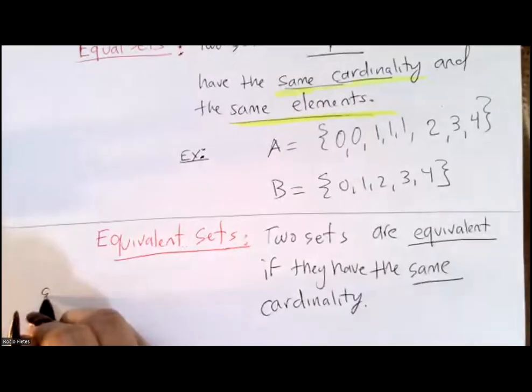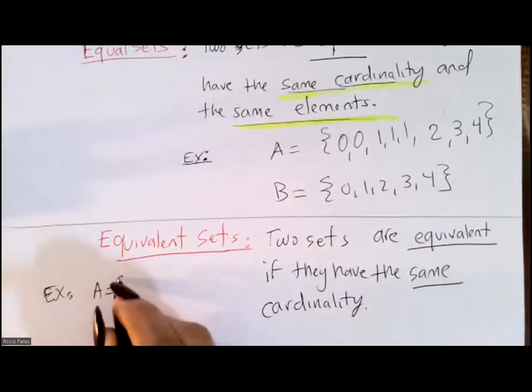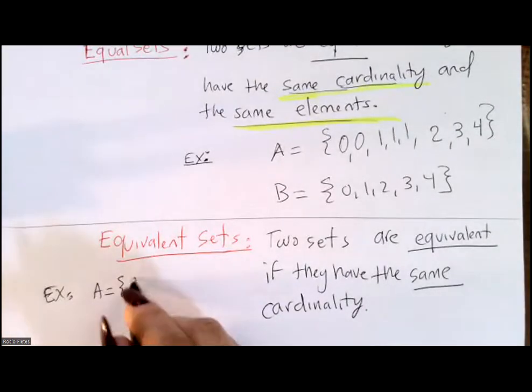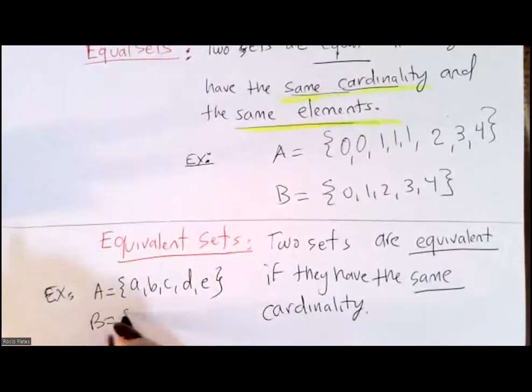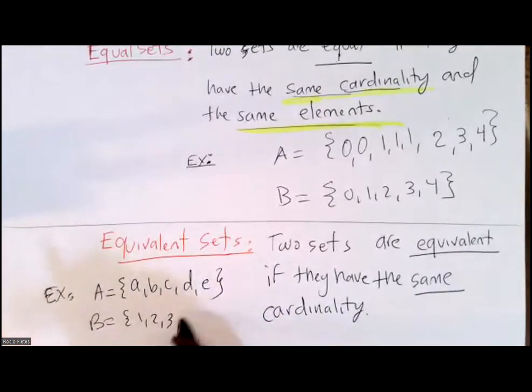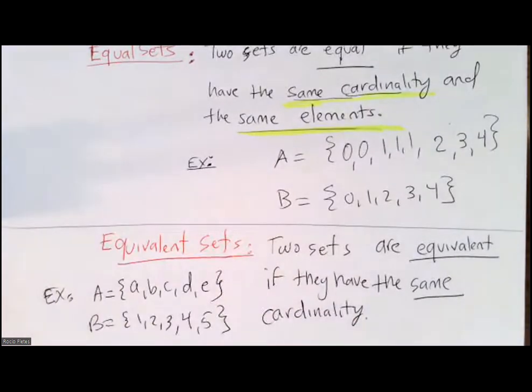For example, say A equals A, B, C, D, E, and B equals 1, 2, 3, 4, 5. You see how they're not equal because the elements are different, but they are equivalent because they have the same cardinality.